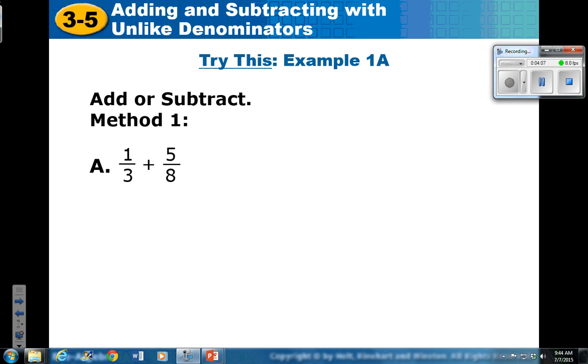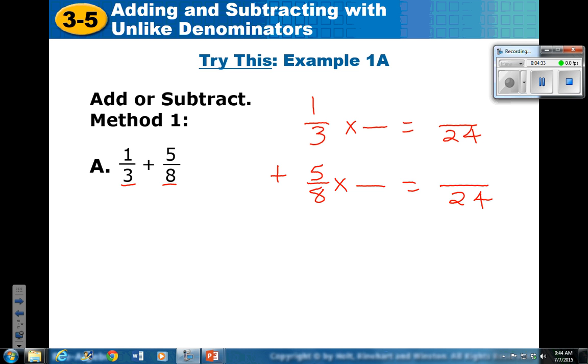Again, notice that 3 and 8 are different denominators, so we're going to have to find the least common denominator. 1/3 plus 5/8. Count by 3s, count by 8s. The first number that you come to for both numbers will be 24.